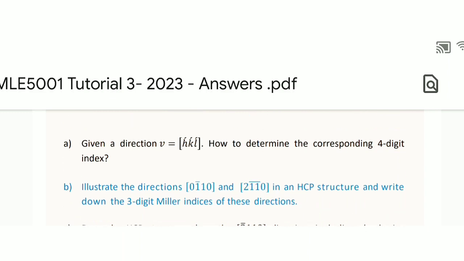If the Miller indices are described as h', k', l', then the corresponding Miller-Bravais indices, the four-digit index, will be denoted by the unprimed letters H, K, I, L.